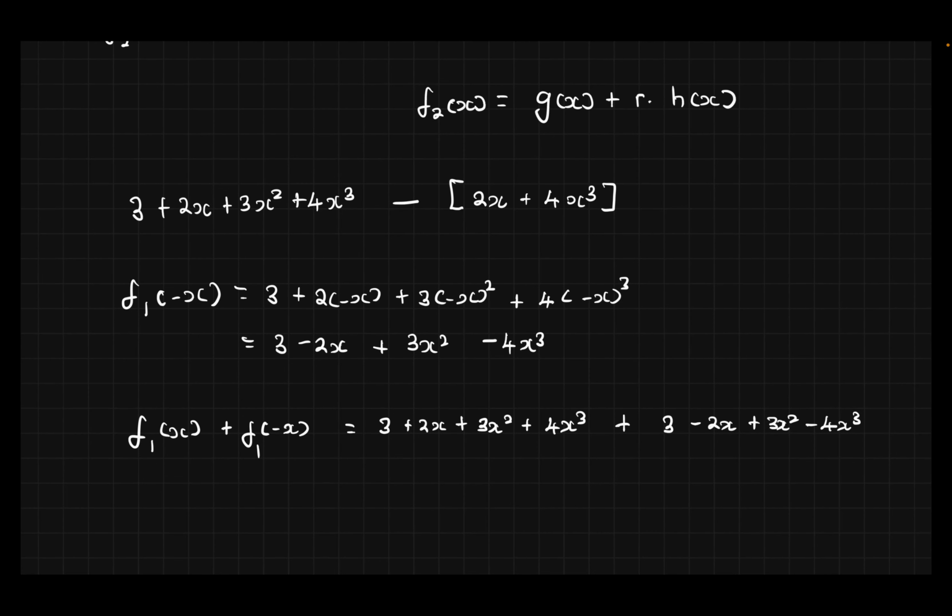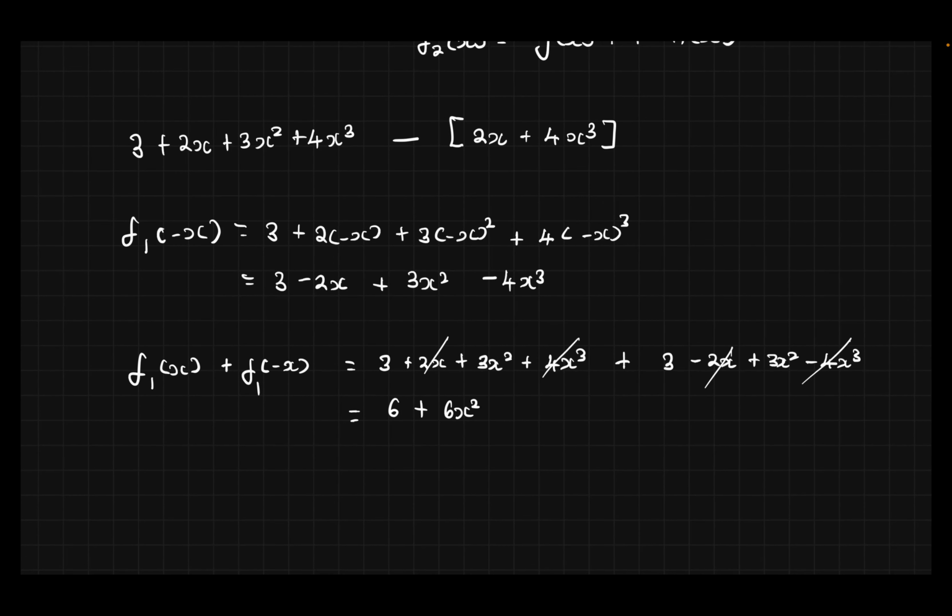So what's going to happen? All the odd terms will cancel out, but the even terms will double. So that's going to be 6 plus 6x squared. Now, how do we get back just the even terms? We divide by 2.